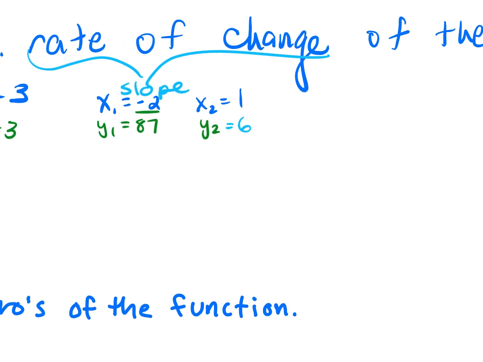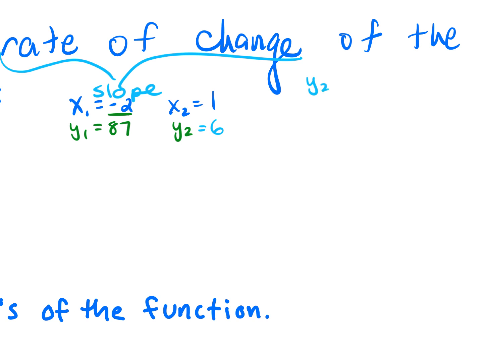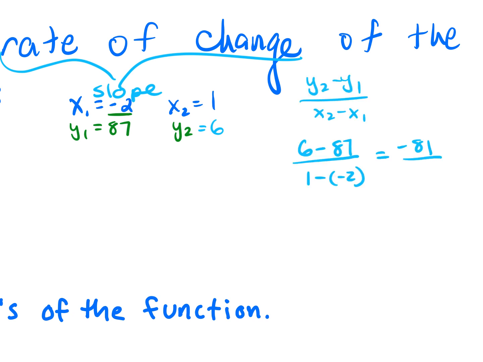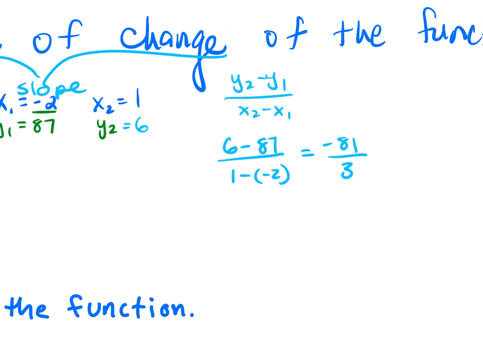So we're going to use our slope formula. y2 minus y1 over x2 minus x1. So we're just going to plug everything in. So 6 minus 87 over 1 minus -2. We get -81 over 3. Can I simplify? What's -81 divided by 3?